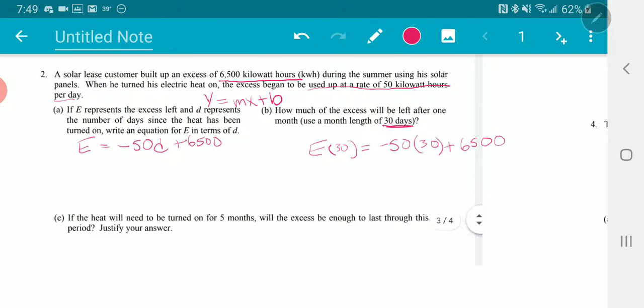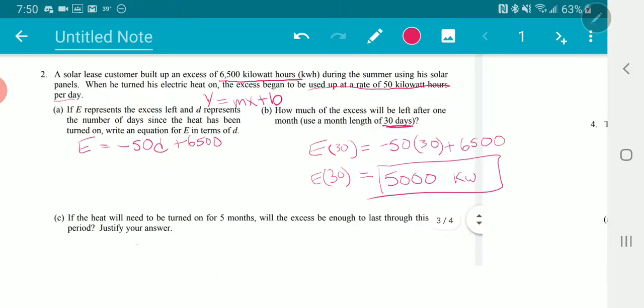You could plug this all into your calculator, and it should come out to 5,000 kilowatt hours. So E of 30 equals 5,000 kilowatt hours.